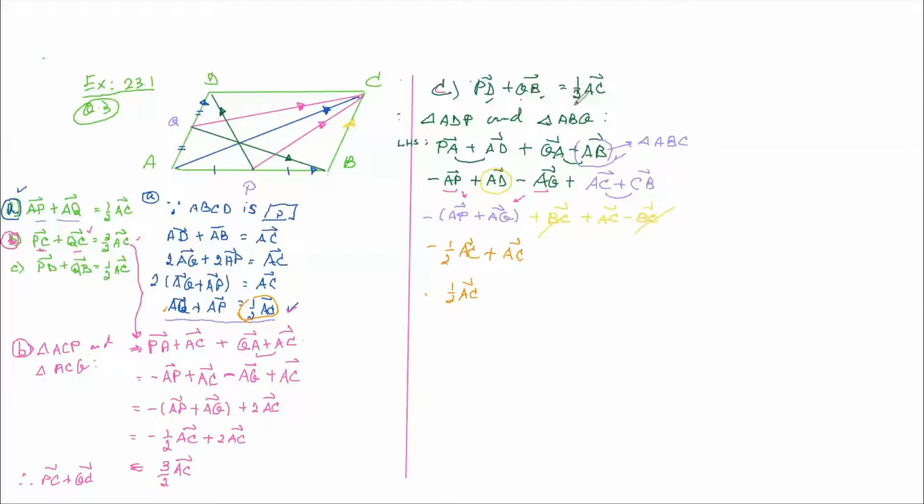So now you see they are equal, and you can say left hand side equals right hand side. This is question C, the solution of question 3.